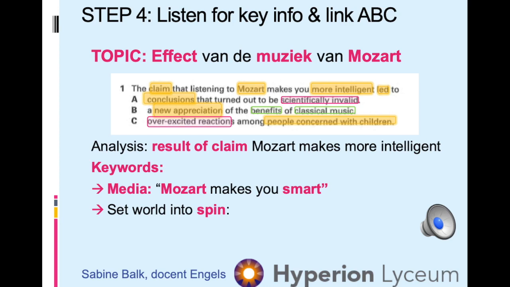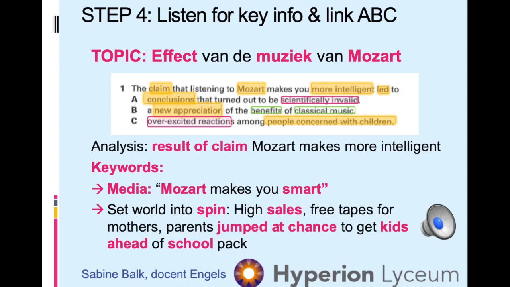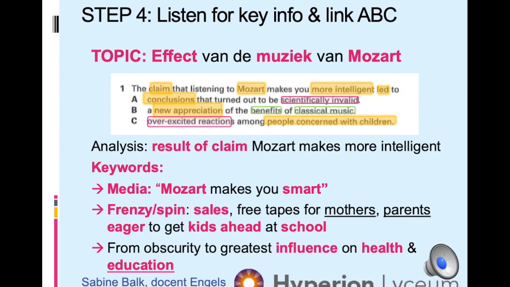And parents all over the UK jumped at the chance to get their children ahead of the school pack. Mozart had apparently emerged from more than 200 years of benign obscurity to become the greatest influence on health and education the world has ever known.